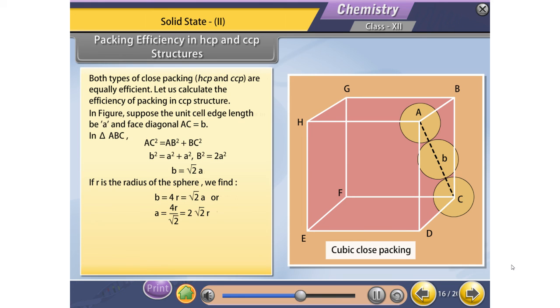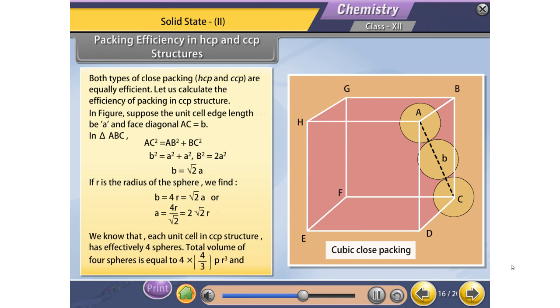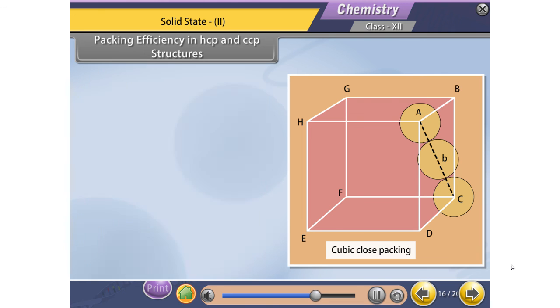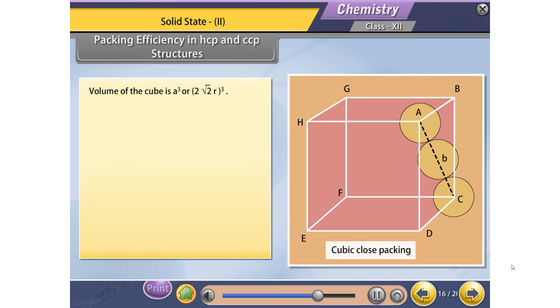We know that each unit cell in CCP structure has effectively 4 spheres. Total volume of 4 spheres is equal to 4 × 4/3 πr³, and volume of the cube is a³, or (2√2 r)³.